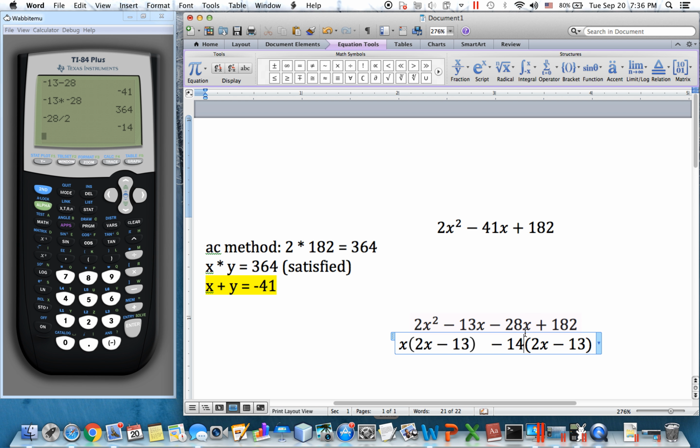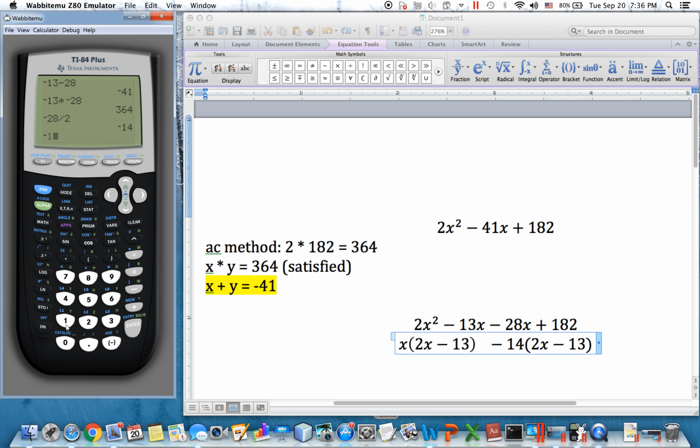Now if you want to check it again, negative 14 multiplied by 2x gives you negative 28x. Negative 14 multiplied by negative 13 has to show you 182, so everything is perfect.